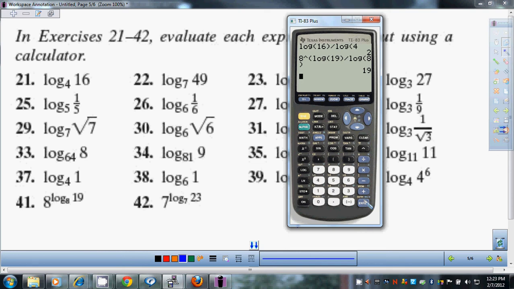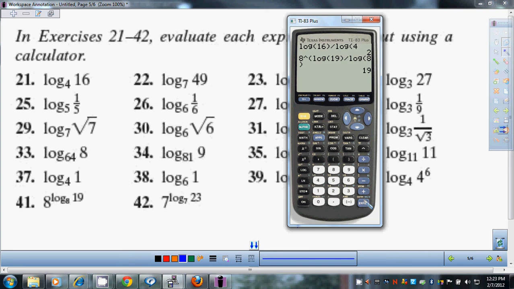That's why above log, by the way, your calculator says 10 to the x, because it has a natural base of 10. Whereas natural log has the same exact function as log, but it has a natural base of e, which is used a lot in physics, which is why natural log is mostly just used in physics. If you see natural log, you won't see it today, but if you see it in the future, just know it's the exact same thing as a logarithm.